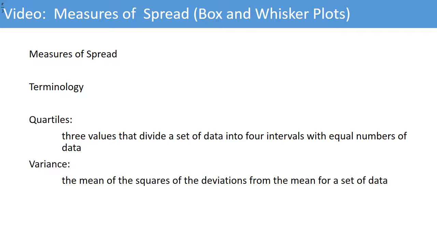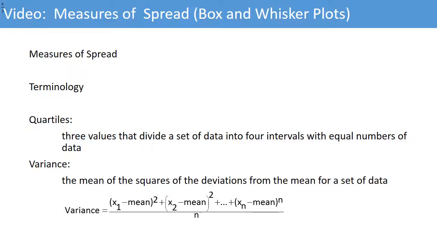The variance. If you take the mean of the squares of the deviations from the mean for a set of data, that's called your variance. Here is the formula that you could use.